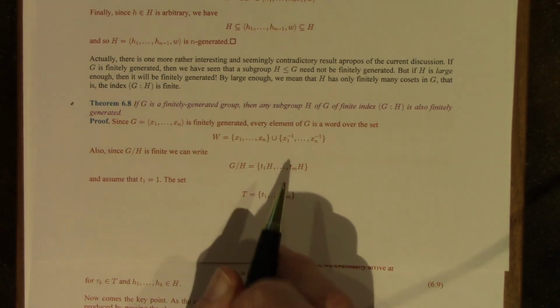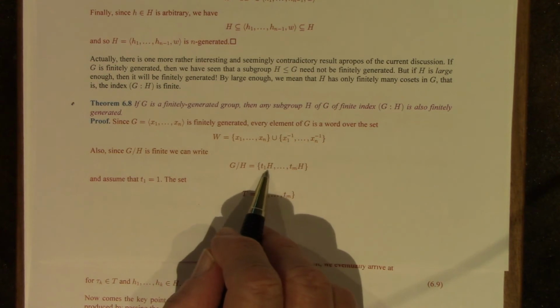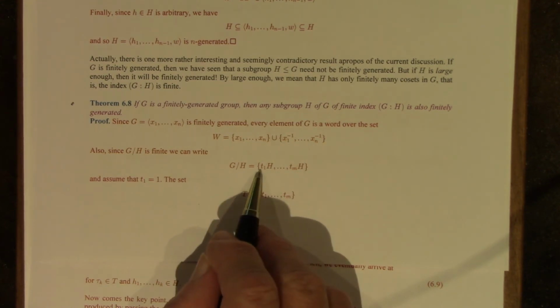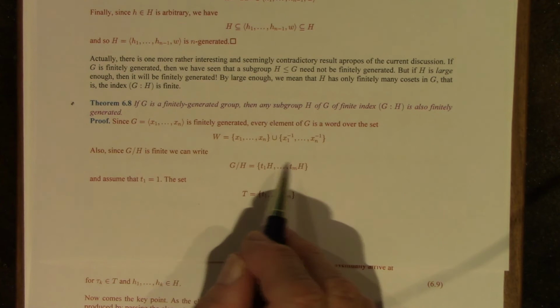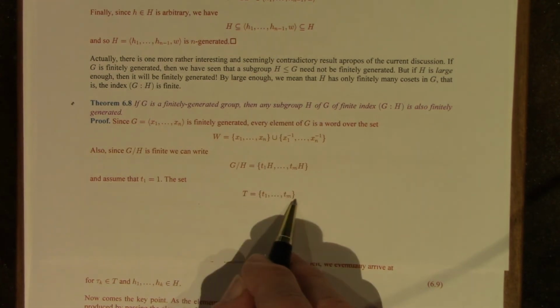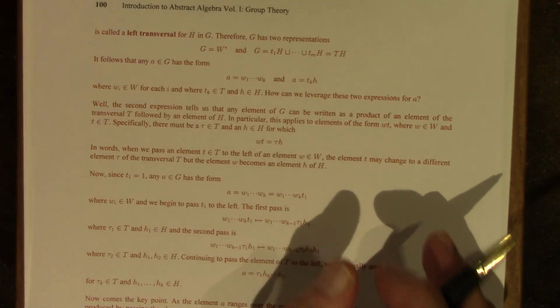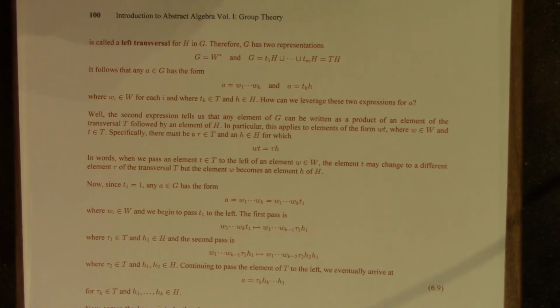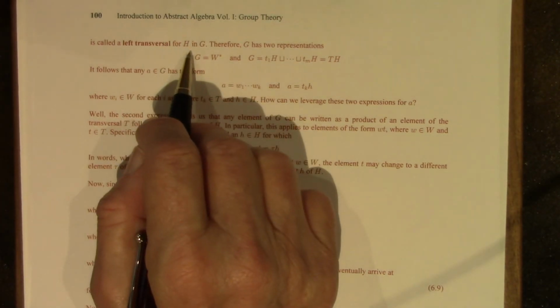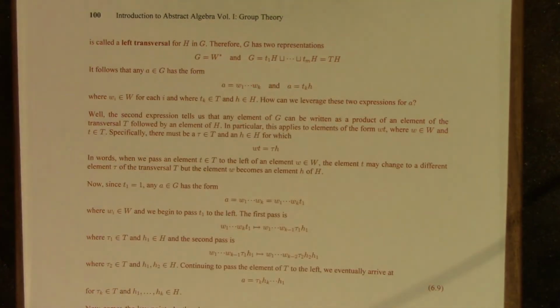Now that's not unique, and as we know, any element of a coset is a representative, but I've singled out by name, by symbol, T_1 through T_m. These are coset representatives. This set is called a left transversal for H in G. I don't know where that term came from, but it's a system of distinct representatives from the cosets, one element from each coset. Okay.